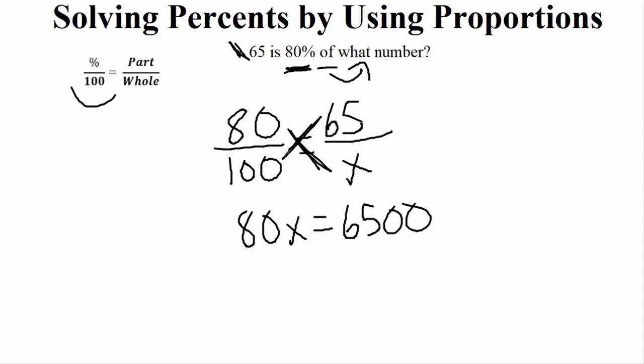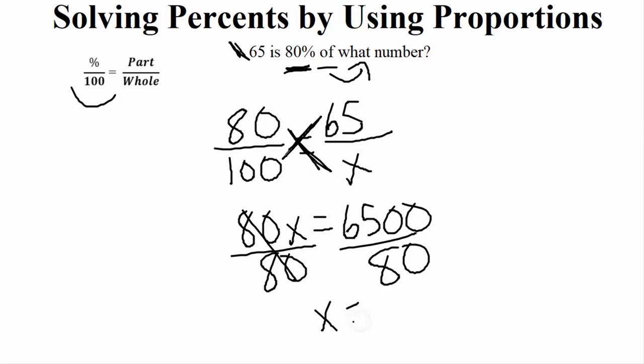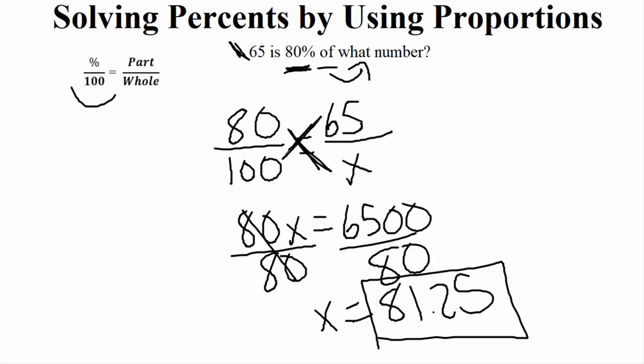So in order to wrap up this problem, all we have to do is divide both sides by 80, giving us that x is equal to 81.25 here. And again, depending on your book and your instructor, you may be able to leave this as your answer. They may want you to round that, so it just depends. So 65 is 80% of 81.25.